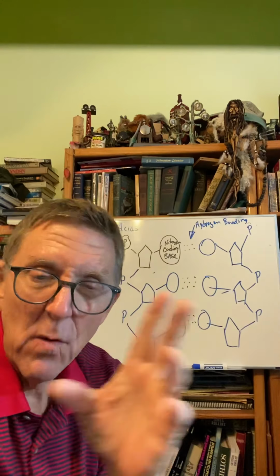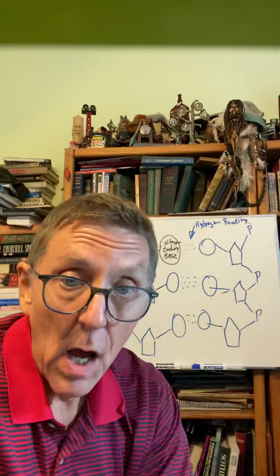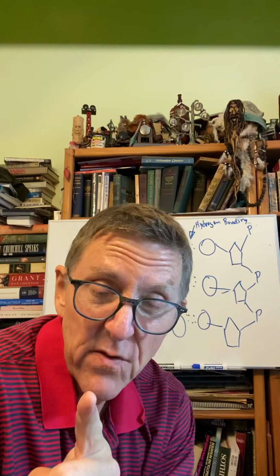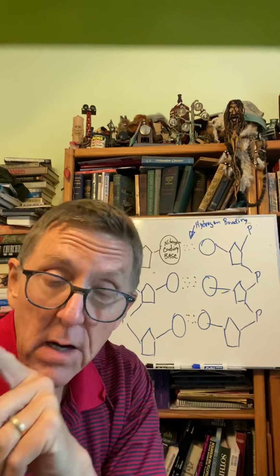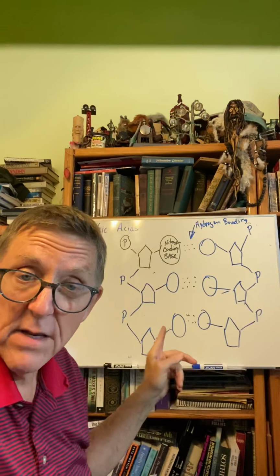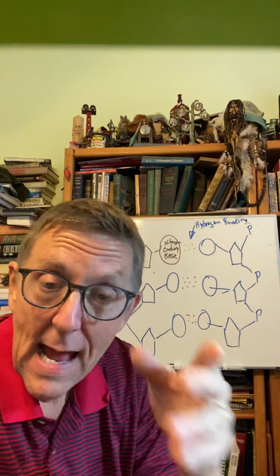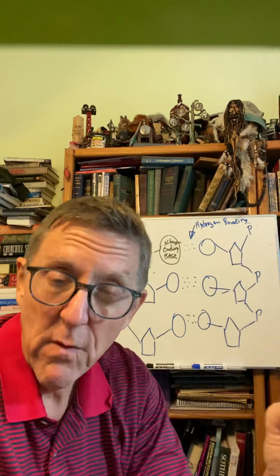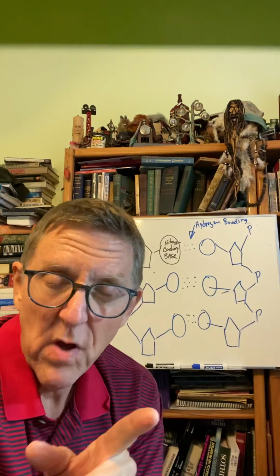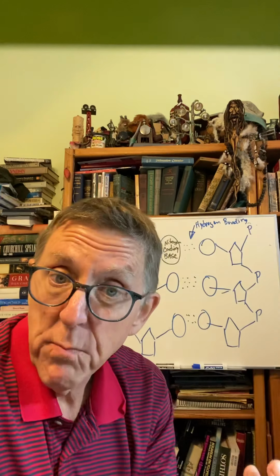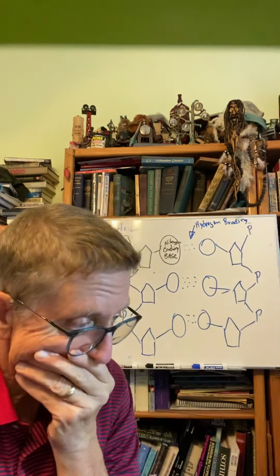Okay, so we have the code. It can't leave the cell's nucleus. And you can make a single-stranded copy of that code, and it can leave, and we'll talk later on in this section about how that is used to build a protein, actually.